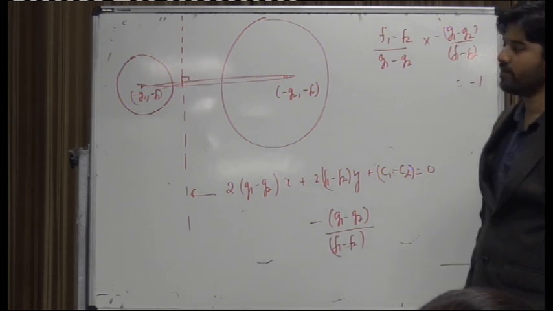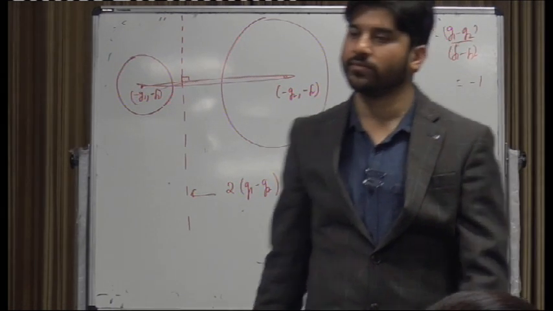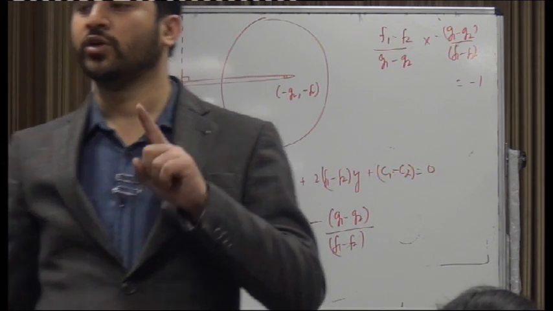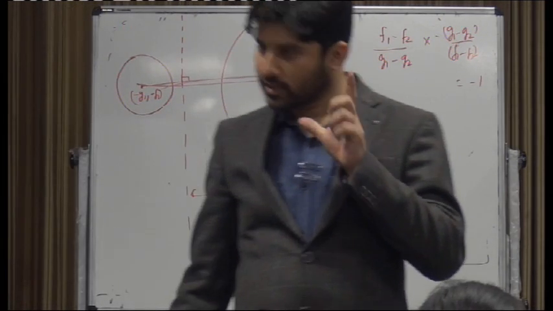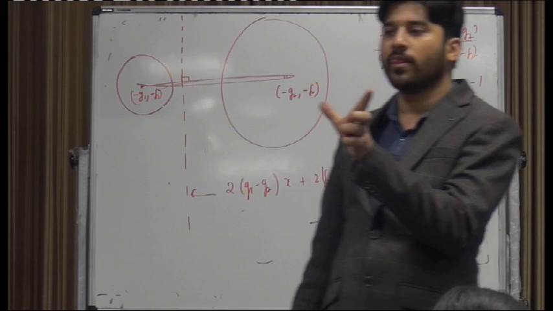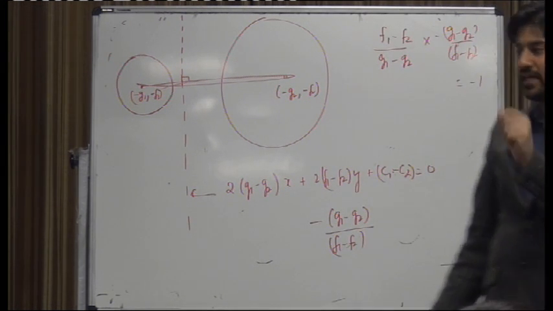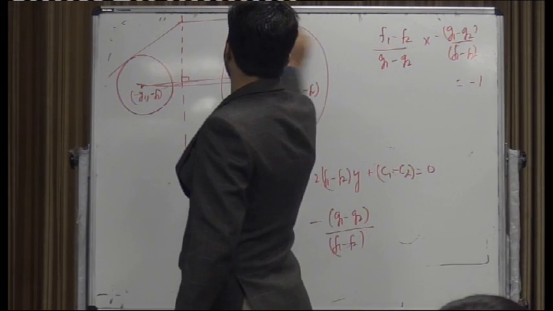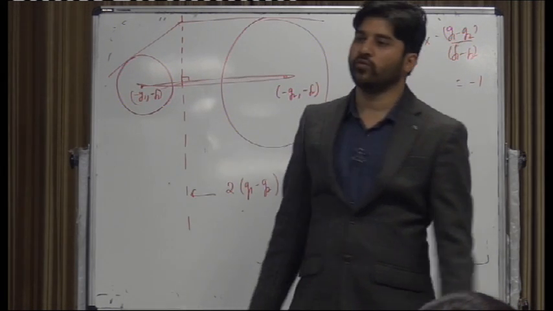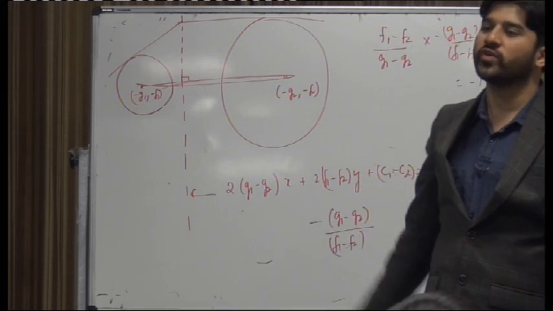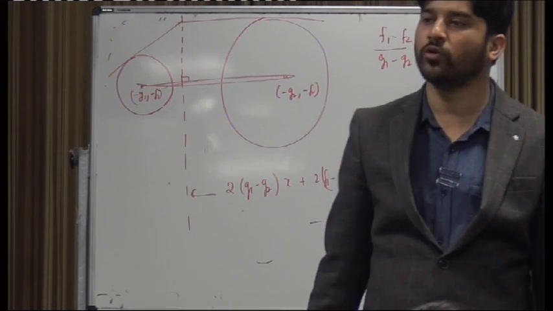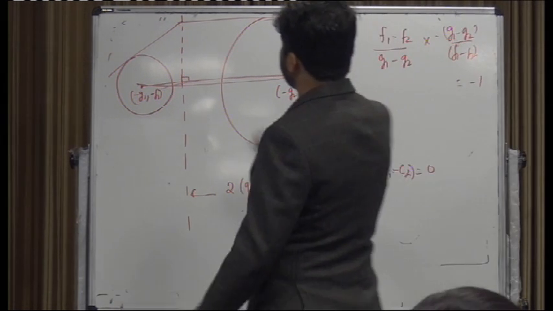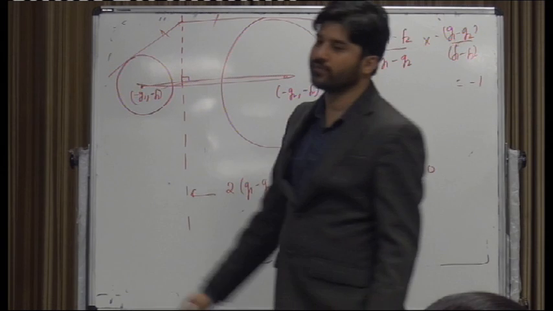What does it say? They are perpendicular, right? So first is okay, right? Radical axis would be perpendicular to the line joining the centers. Okay, now if you take any point, these two lengths are going to be equal. Why? Because S1 is equal to S2, so under root S1 would be equal to under root S2. Clear? No issue? So this length and this length would be equal.